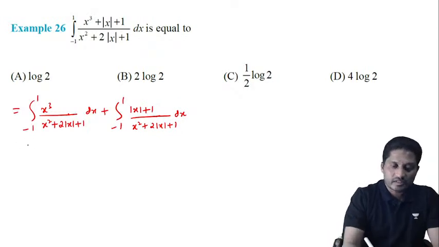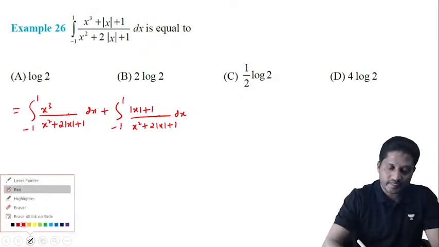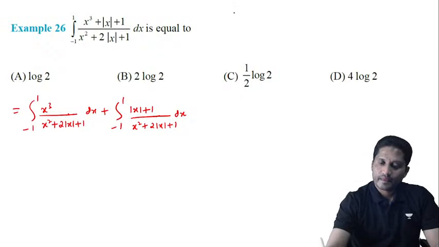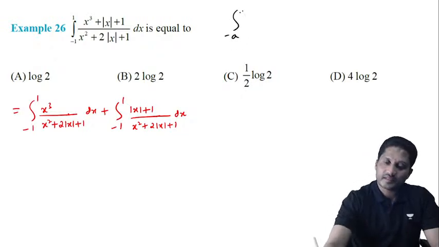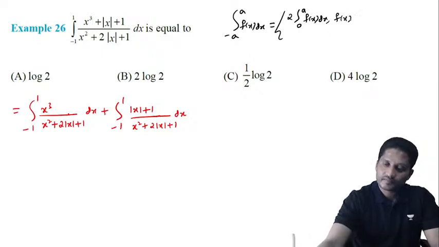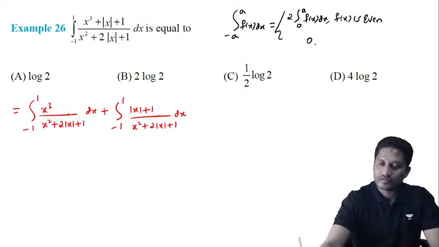Minus, this is an odd function. See, there's a property for even and odd functions. Suppose you have the integral from minus a to plus a of f of x dx. This will be equal to 2 times the integral from 0 to a of f of x dx if f(x) is even. This is 0 if f(x) is odd.